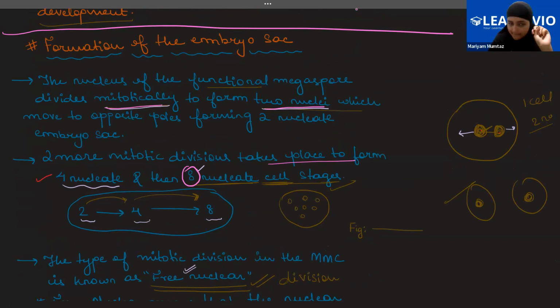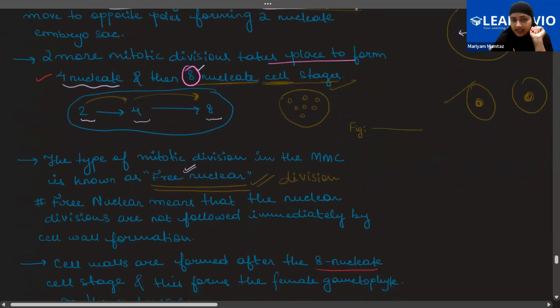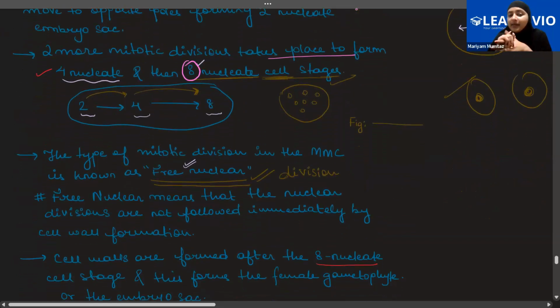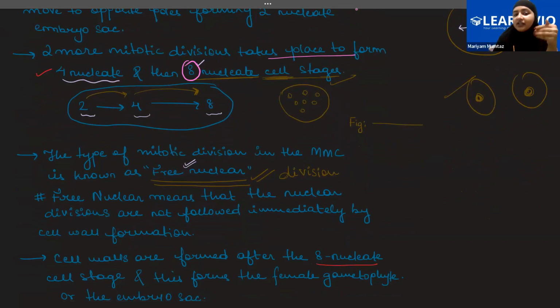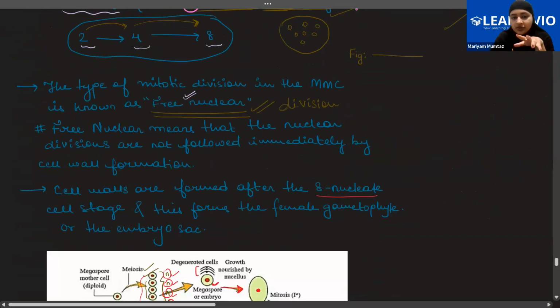Yes, ma'am. Okay, very good. So this type of mitotic division is known as free nuclear, meaning only the nucleus is dividing, the cell is not dividing. So now one cell has 8 nuclei present in it. It's a very odd situation.